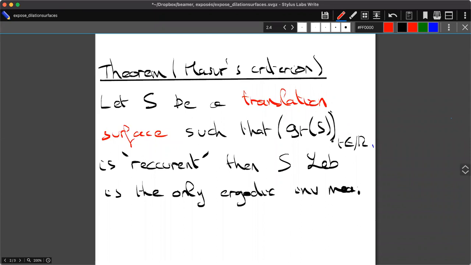And if this orbit is recurrent, meaning that it comes back infinitely often in a given compact set in the set of all translation surfaces, then the foliation given by the translation surface is uniquely ergodic, and its unique ergodic measure is the Lebesgue measure.